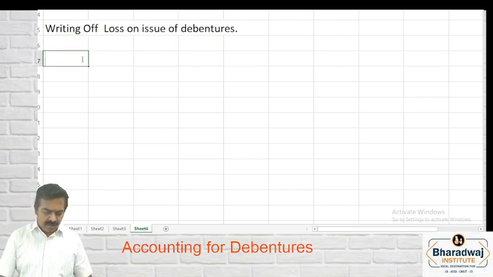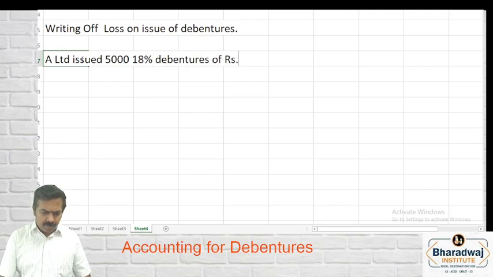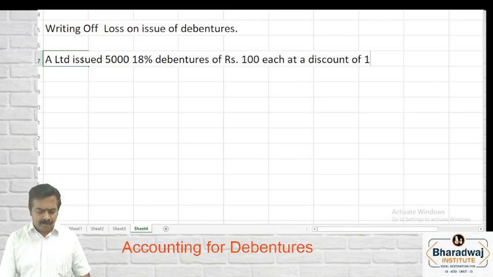Take up. A Limited issued 5,000 18% debentures of rupees 100 each at a discount of 10%, redeemable after 5 years at a premium of 20%.